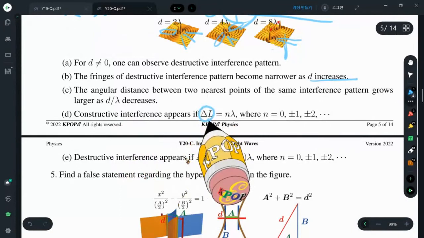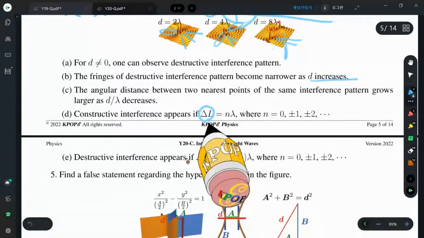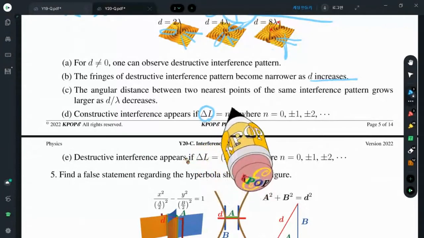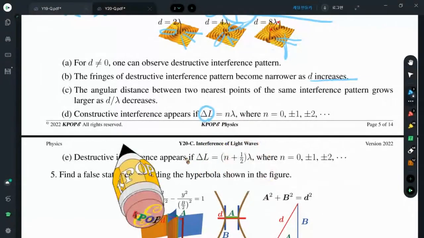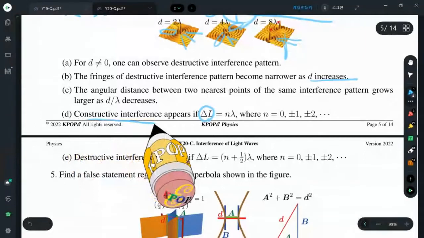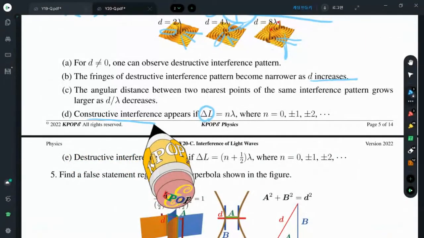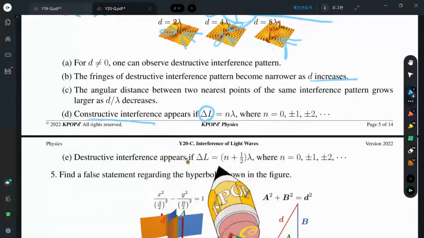Delta L, that is the path length difference, is a multiple of the wavelength. In that case, we have constructive interference that we learned from the standing wave in one dimension.